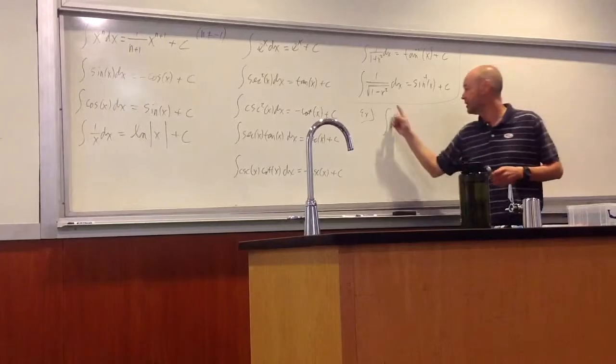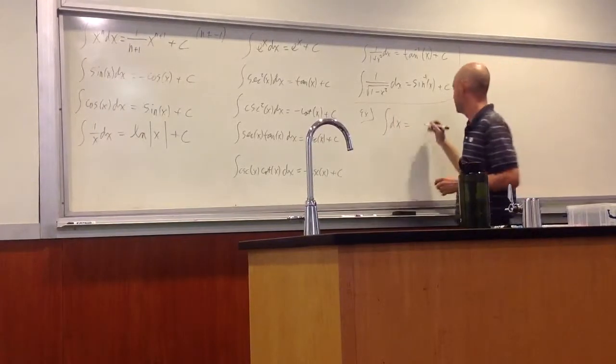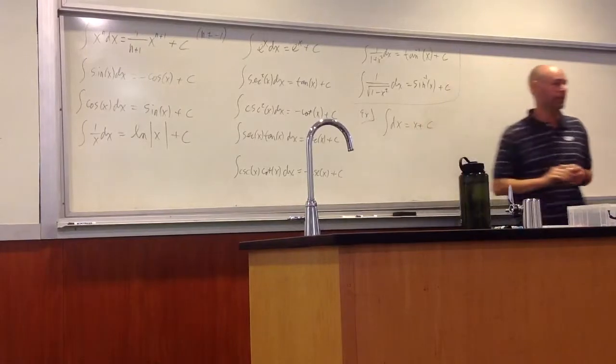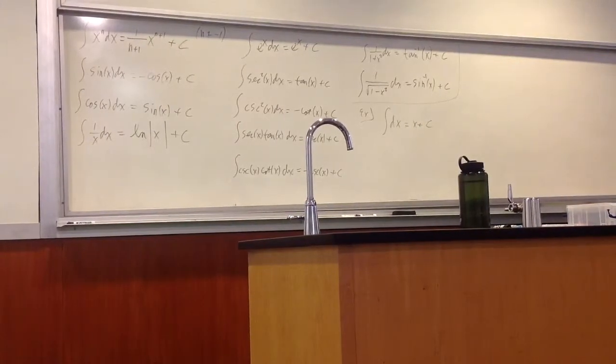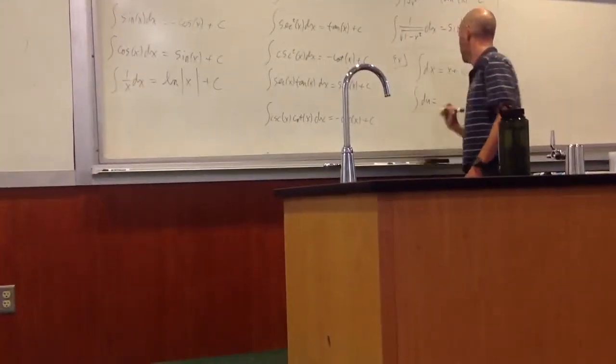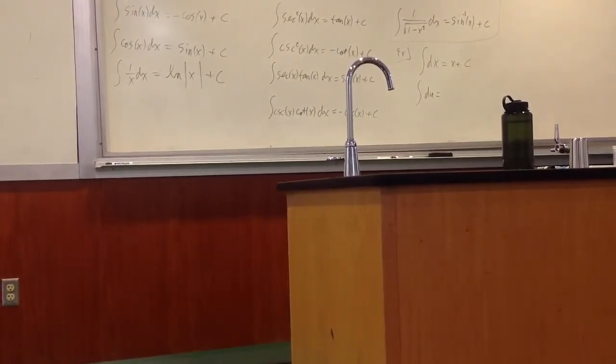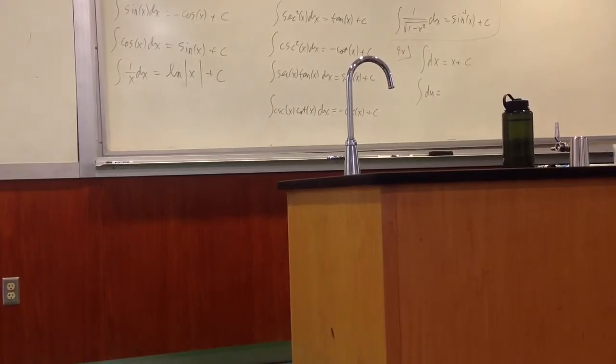You can view this as doing the integral with the derivative. They kind of cancel each other out. You get x plus c. This is important that we understand. What's the integral of du in this case? U plus c, right?